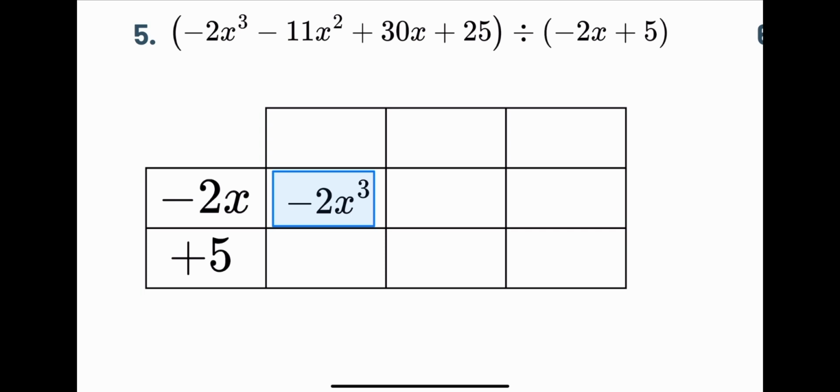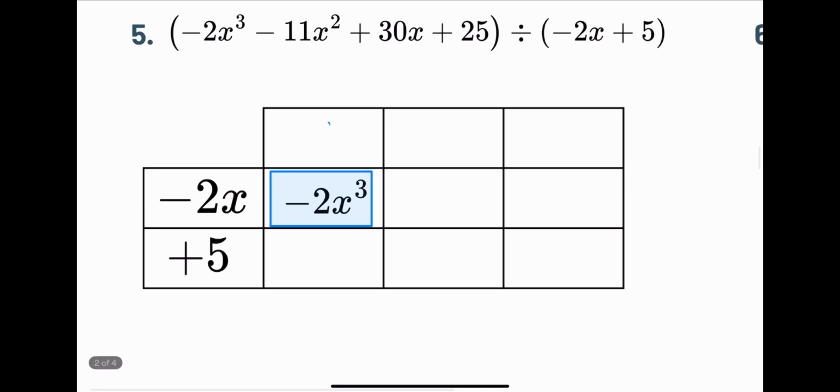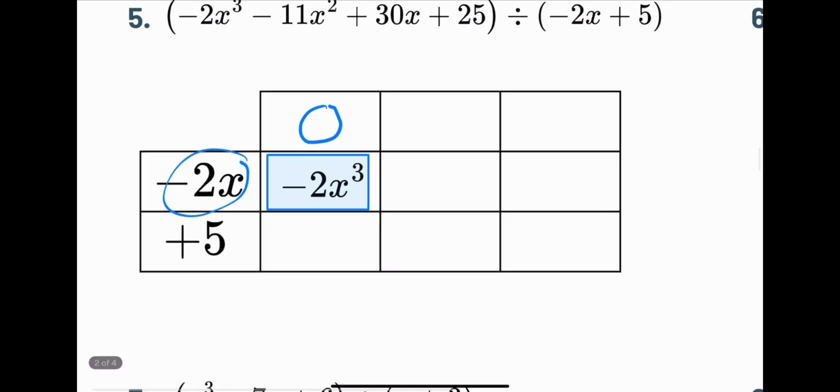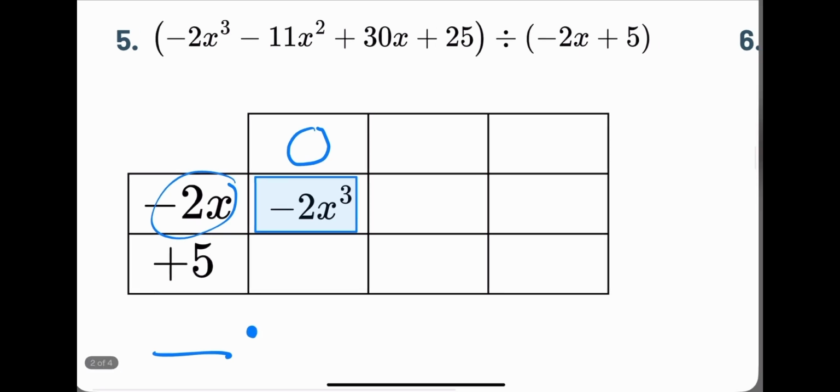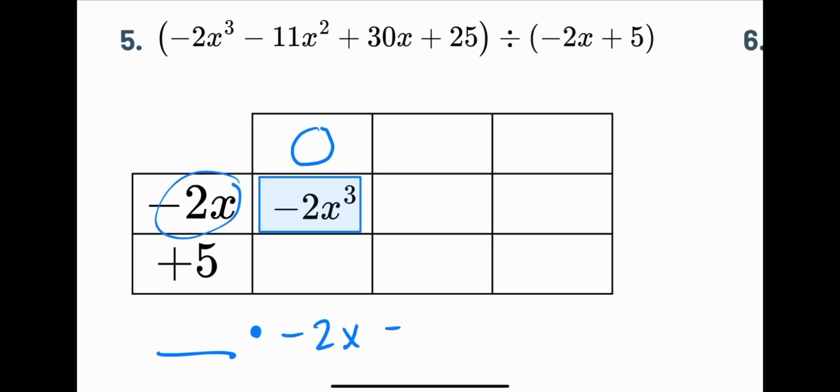So using that concept, we know that something was multiplied here with this to get this. So we have blank times negative 2x is equal to negative 2x to the third power. Well, what times negative 2x would give me negative 2x to the third power?